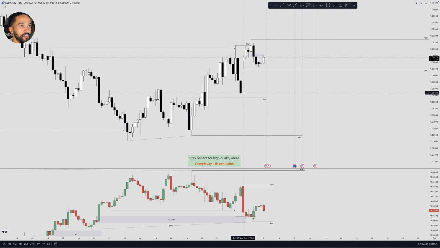Okay, so it's in the discount and that's quite a large imbalance to leave behind. So we may use this area or this, I guess, order block here, even though it hasn't made a lower low yet, but possible resistance here now showing itself on the 4 hour, right?